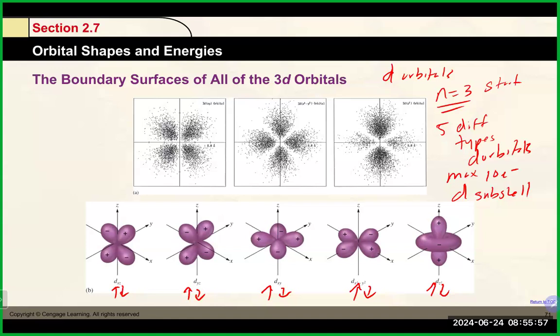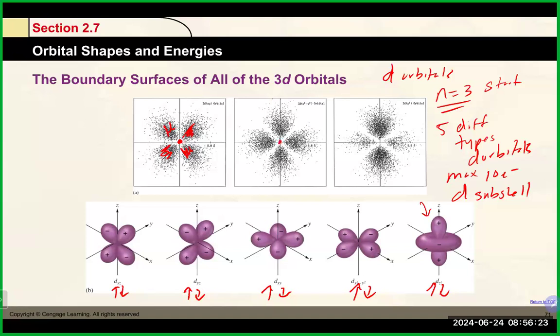And as you can see, for the most part, the d orbitals look like 2 p orbitals put together, except for this one here at the end, which kind of looks like a donut and a p orbital. But again, the same idea here, this electron density map: think of the center of the axis as the nucleus. You can see that the highest probability of finding electrons is pretty much near that nucleus.